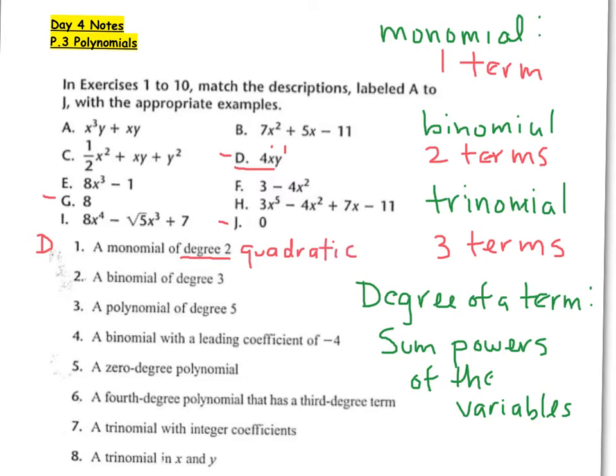Alright, taking a look at the second one, we're looking at a binomial, which has 2 terms and a degree 3. So if we take a look at the polynomials that have 2 terms, that could be A, that could be E, and what else? And it could be F. Degree 3, well, if we check out A, the first term here, we're looking at those powers, and they sum up to 4.